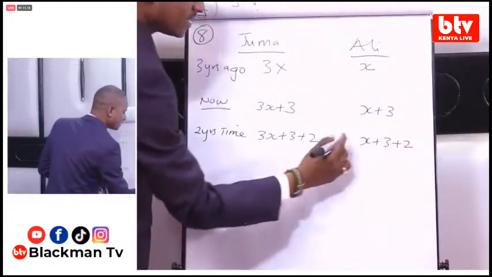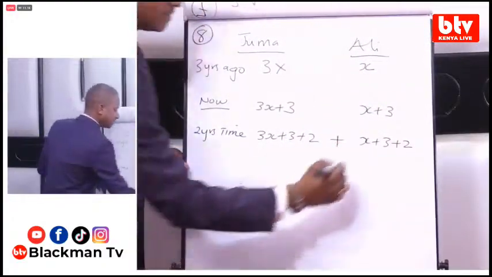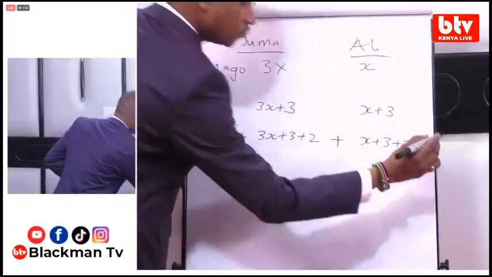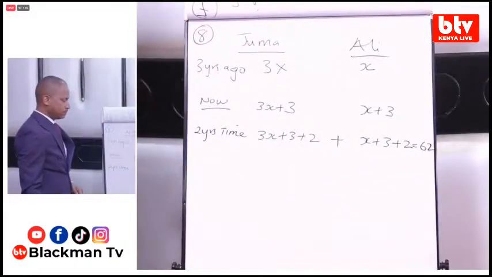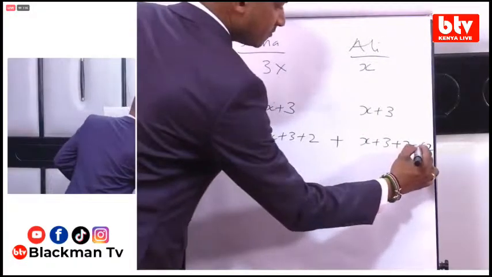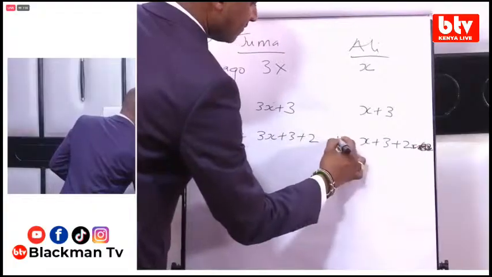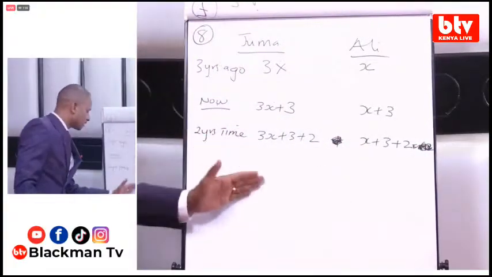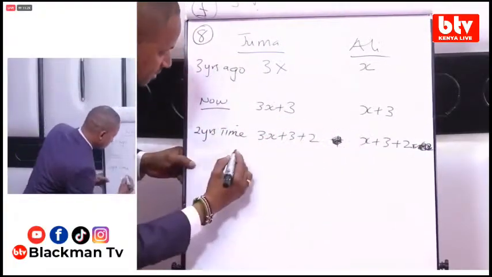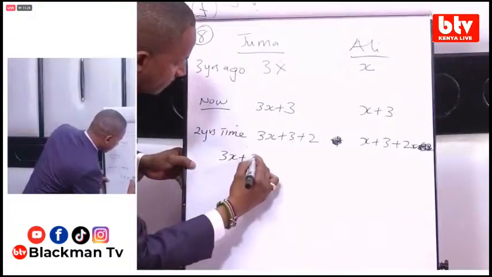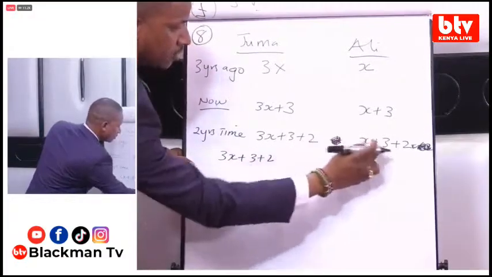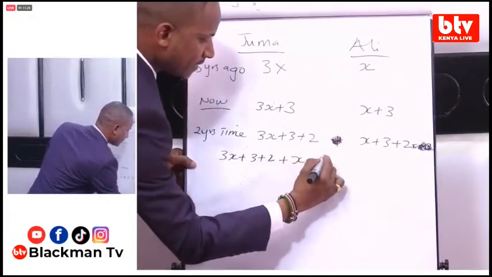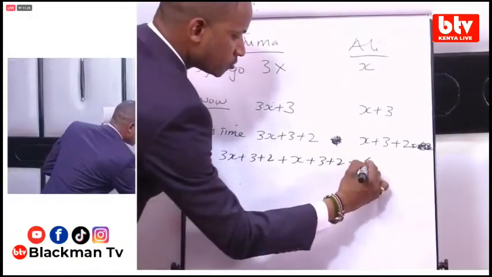When you add the sum of their ages, it will be 62. So the sum of their ages, which is 3X plus 3 plus 2 plus X plus 3 plus 2, equals 62.